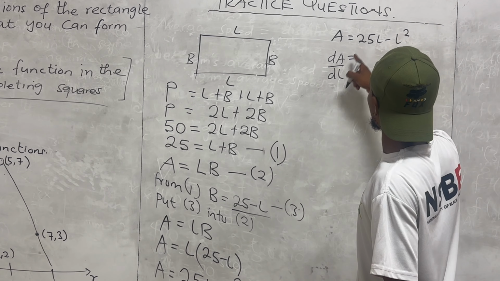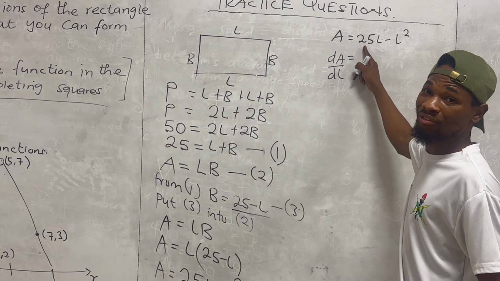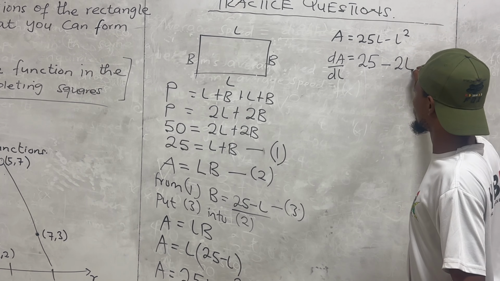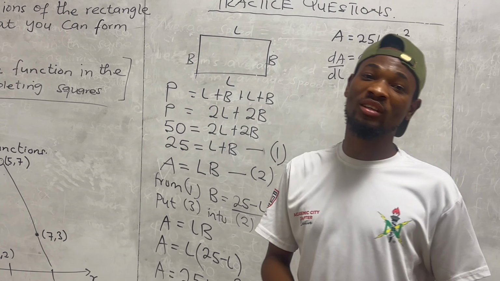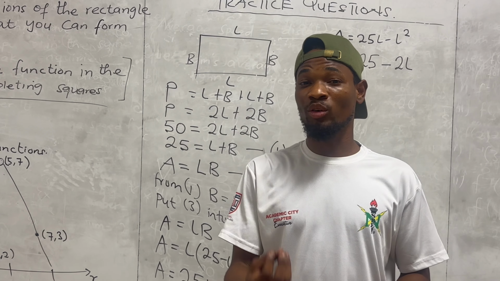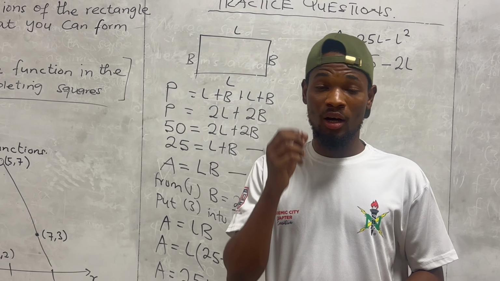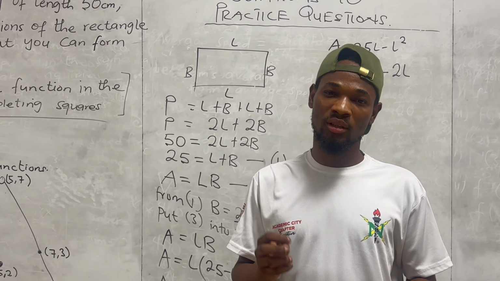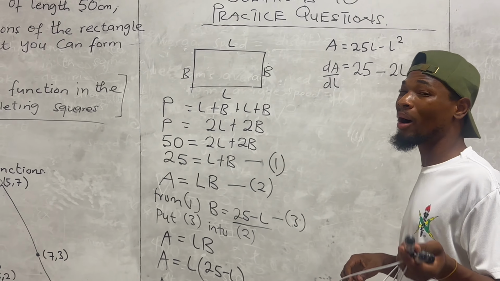So I have dA over dL. If I differentiate 25L, I'll get 25, minus, if I differentiate L squared, I'll get 2L. Class, if this is your first time, kindly visit my previous lectures on how to differentiate polynomial functions, and how to differentiate using the product rule, the chain rule, the quotient rule, and the power rule.